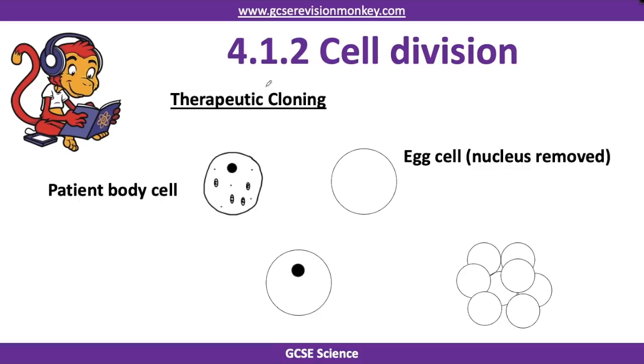Where the stem cell technology is going ahead with humans is in something called therapeutic cloning, so using cloning for treating disease. And with therapeutic cloning, an embryo is produced, so this ball of cells down here, with the same genetic information as the patient.